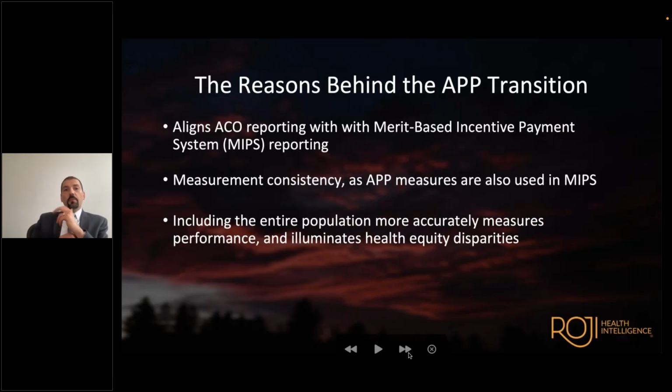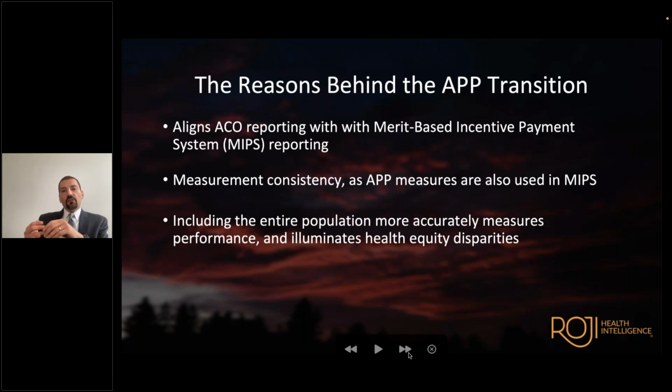So why the big shakeup? Why put so much more effort into the quality reporting piece? The first is that it aligns ACO reporting with the merit-based incentive payment system, which is MIPS. The quality payment program has two tracks. One of them is alternate payment models. One of them is MIPS.